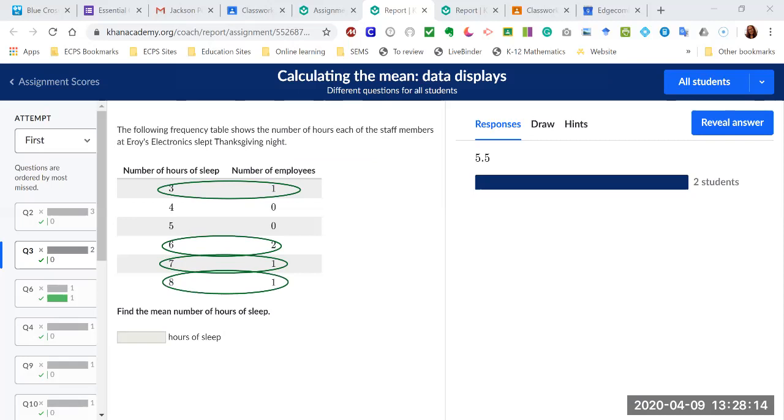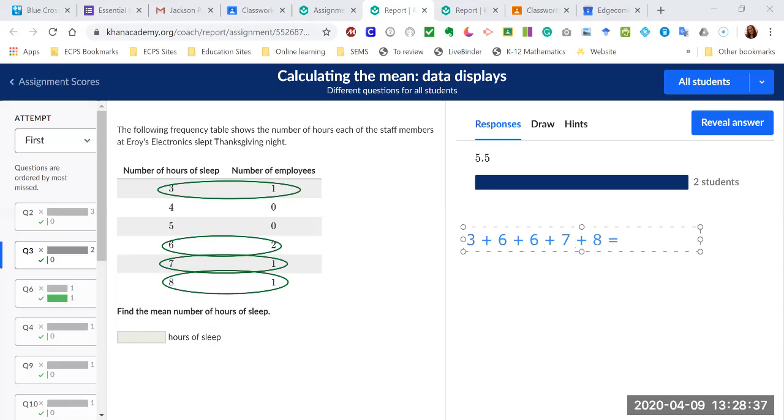Okay, so for me to find that mean, I'm just going to have to take those numbers. So one person did 3. So 3 plus, there's 2 6s, 6 plus 6, plus 1 7, plus 1 8.